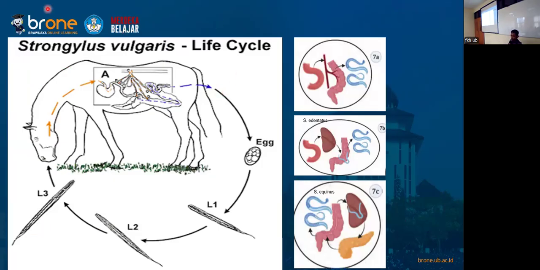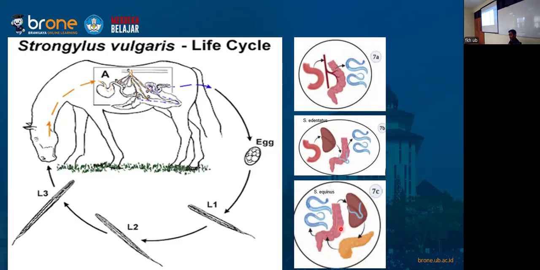For Strongylus vulgaris, they come to the intestine and after that to the blood circulation and go to the colon. But edentatus is so different, because from the intestine, they go to the liver and finally go to the colon. And for equinus, they come to the colon and then go to the liver, after that go to the pancreas, and finally they go back to the colon.